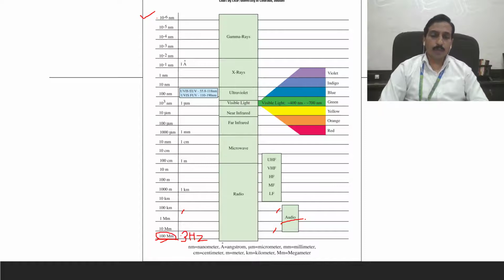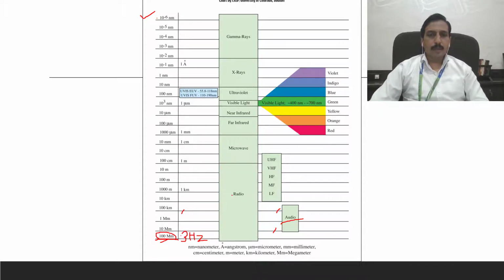So in audio, the speech band also covers and the audio band also covers. So this is about the audio band. Up to 30 kilohertz, meaning 100 kilometers or 30 kilohertz, this band is given to the audio.